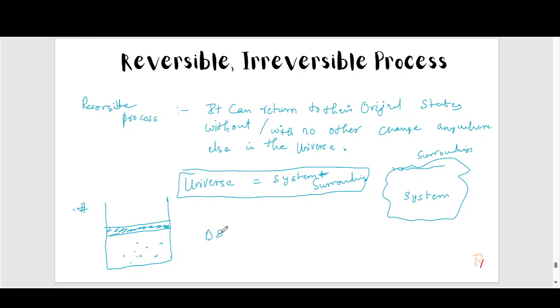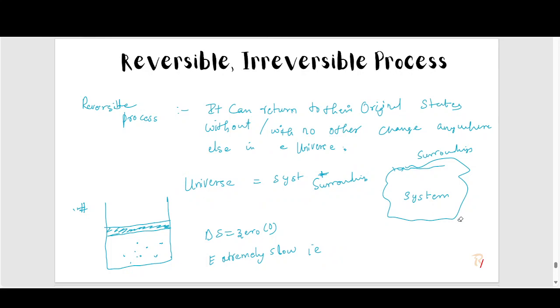Since del S is 0, this is extremely slow, that is, system plus surroundings are quasi-static, as I told before.